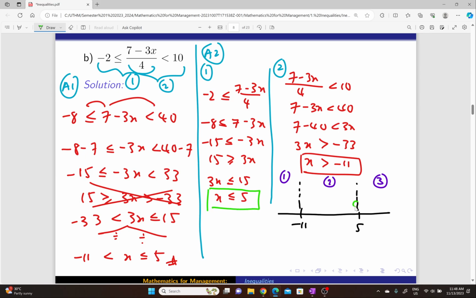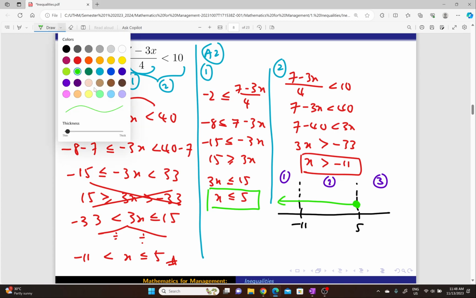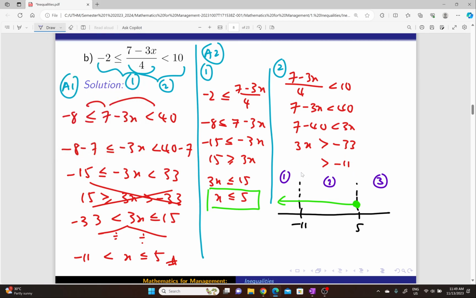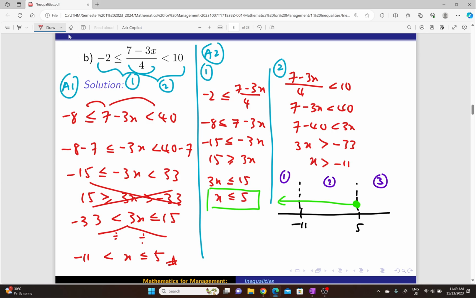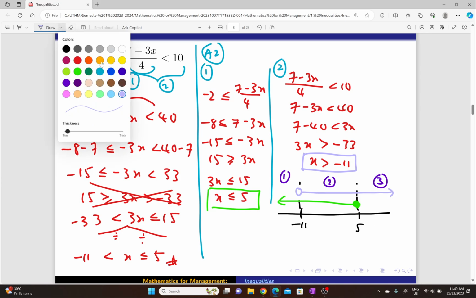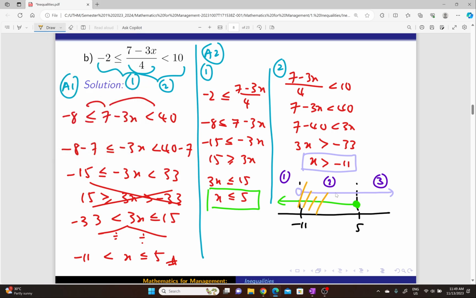For this one, you draw the number line like this. For this one, this is not just a circle. Draw the number line like this. And then you see where is the intersection. The intersection happened here, so the answer must be in between this.